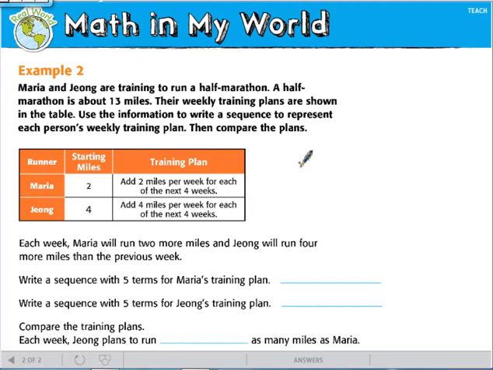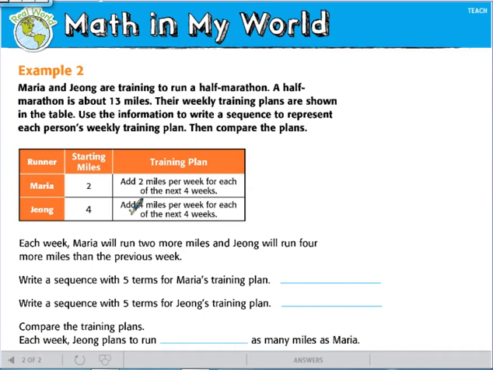Then compare the plans. Maria is starting with 2 miles. Zhang is starting with 4 miles. Maria is going to add 2 miles per week for each of the next 4 weeks. Zhang is going to add 4 miles per week for each of the next 4 weeks.